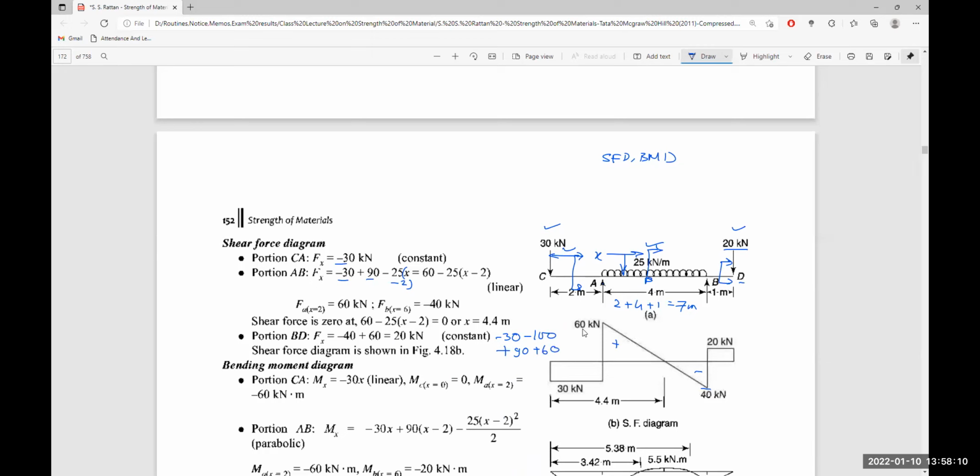That is 150 minus 130, which is 20 kilonewton. This is shown in the figure here. So this is the shear force diagram: 30 kilonewton, 60 kilonewton, and 40 kilonewton. Now, let us go through the bending moment diagram.